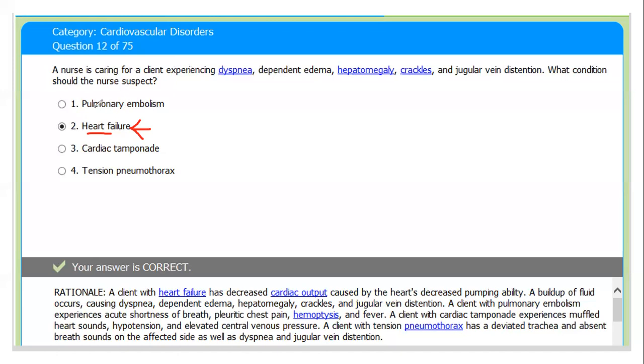So if a patient has a pulmonary embolism, it is a condition in which one of the pulmonary arteries in the lungs gets blocked, maybe by a blood clot. In the lungs, we have a microcirculation.